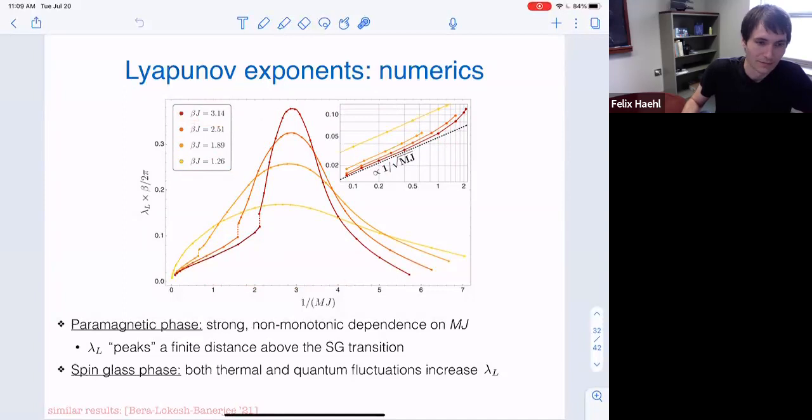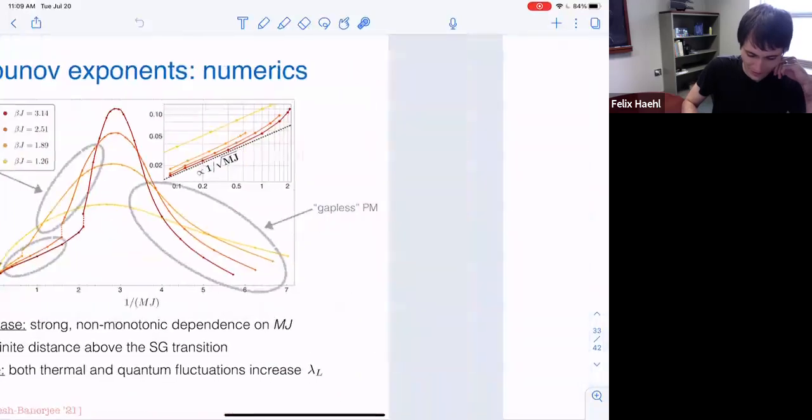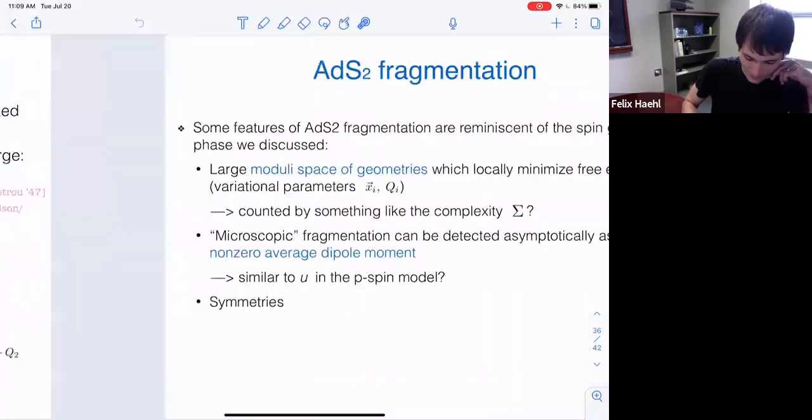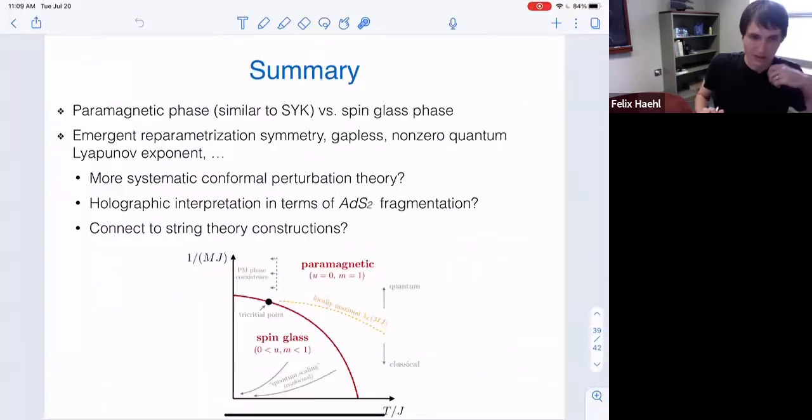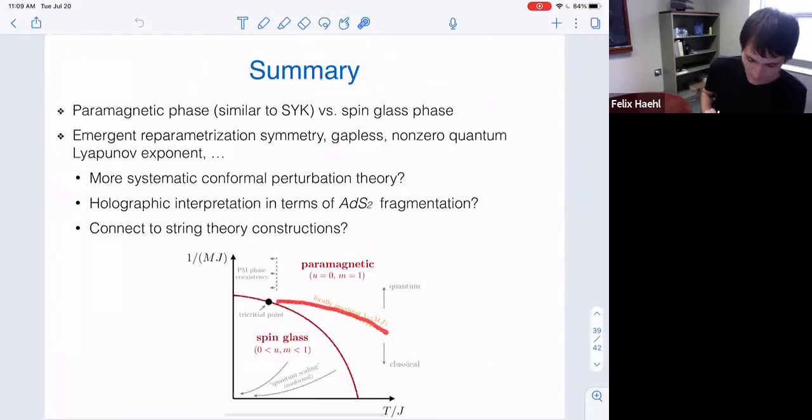You can ask what happens if you make this larger, and the numerics gets more complicated as you do that. So I don't really have an answer for you. But roughly speaking, what we observe is this thing that I sketched here.